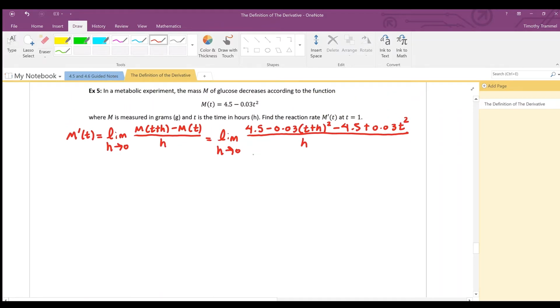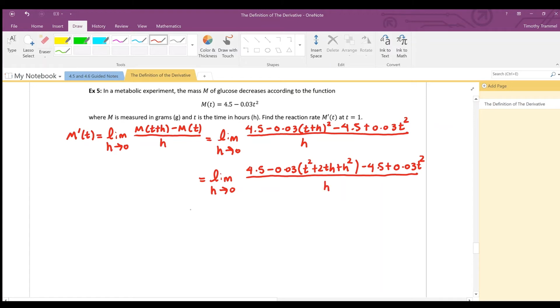Right, and it looks like we got plenty of room here. So we have the limit as h approaches 0 of 4.5 minus 0.03, and let's go ahead and multiply t plus h by itself. That's going to give us t squared plus 2th plus h squared, minus 4.5 plus 0.03 t squared, all over h.